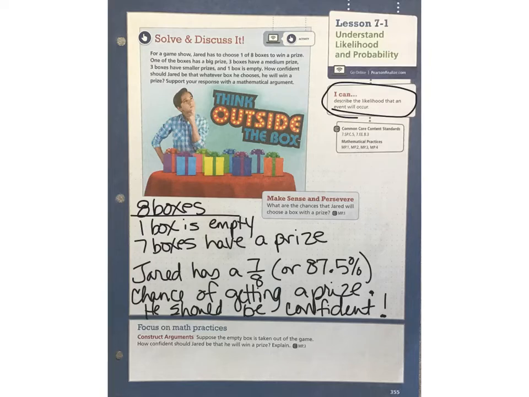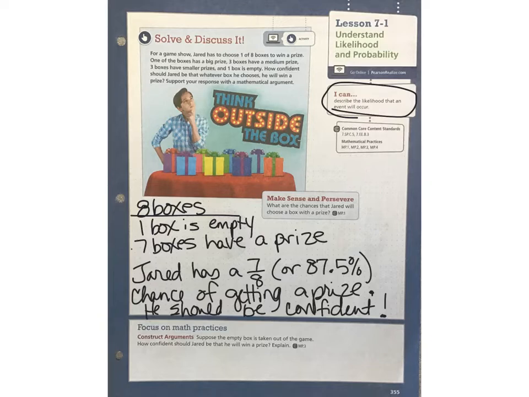In this problem, remember only 1 box is empty. The other 7 boxes have a prize in them. Some prizes are small, some are medium, and 1 is a big prize. But the problem only states how confident should Jared be that whatever box he chooses, he will win a prize.